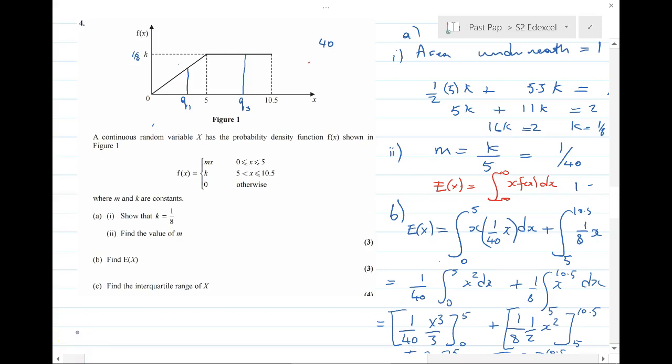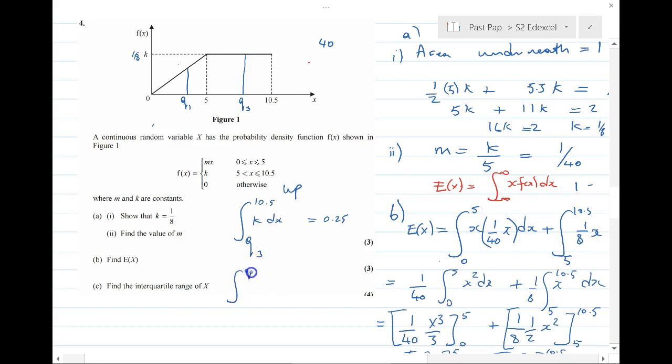As I say, you could integrate or even work out the full CDF if you wanted to, and you could integrate between 10.5 and Q3, using the fact that it's equal to 0.25 to work out the upper quartile. You'd just be integrating k dx, but it seems like a sledgehammer to crack a nut to me.